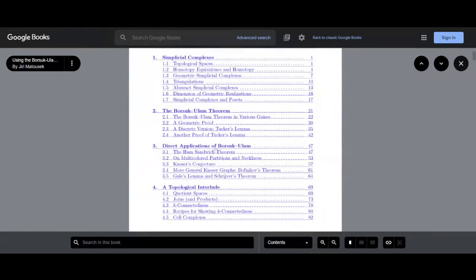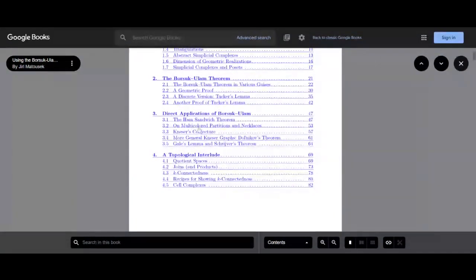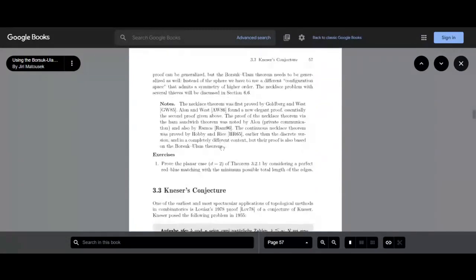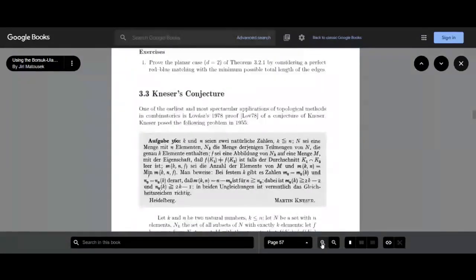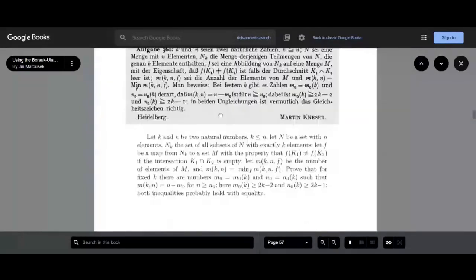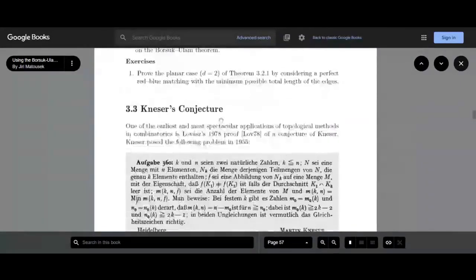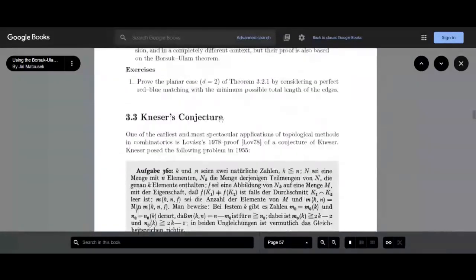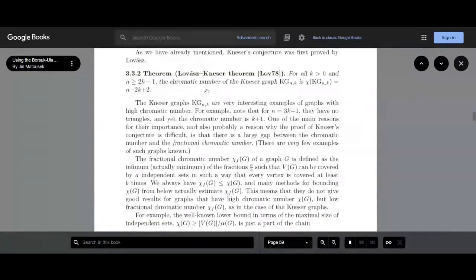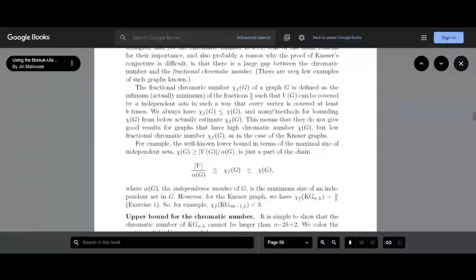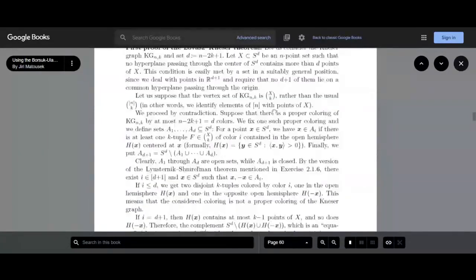So he talks about the ham sandwich theorem, something about necklaces and partitioning necklaces, and then he talks about Kneser's conjecture. So this is where I'm going to take the proof from, though I present it a little bit differently without using chromatic numbers. As you can see, it's something about the chromatic number, but that's basically what we're doing.